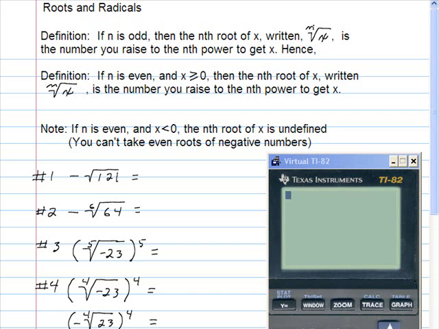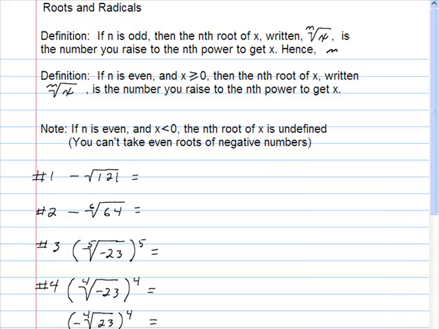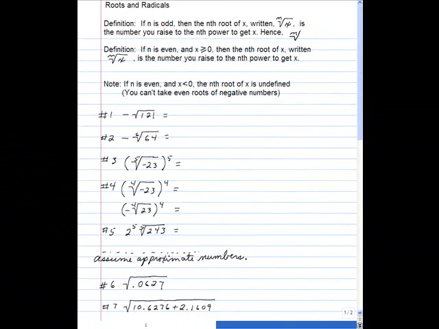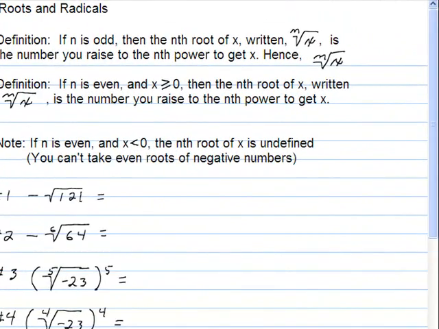This number right here, the nth root of x, is the number you put to the nth power to get x. So if I have right here the nth root of x, and I raise that number to the nth power, I have to get x. So it's kind of like the nth power canceled out the nth root, and you were left with the x.